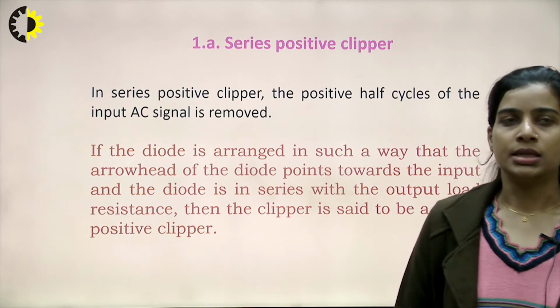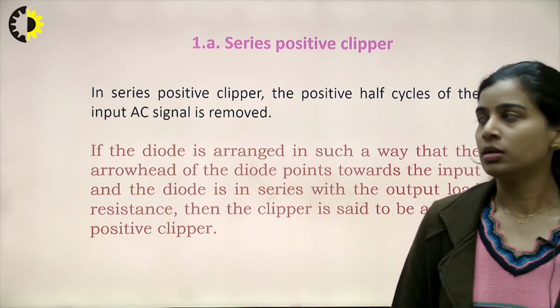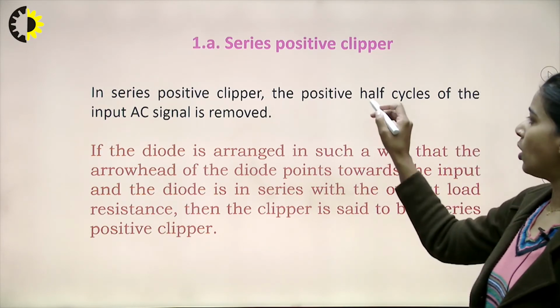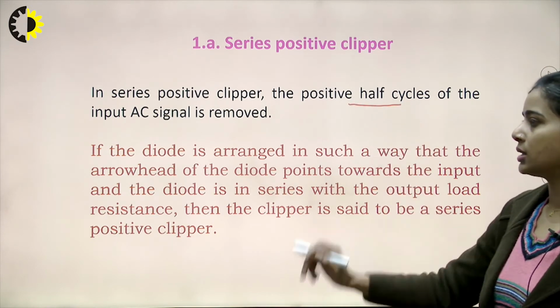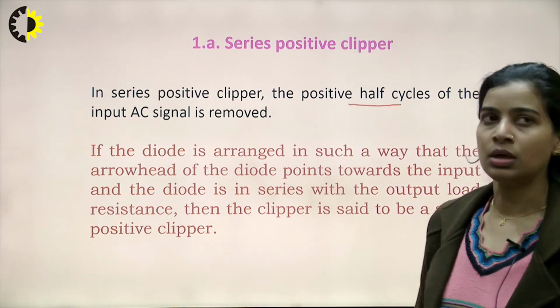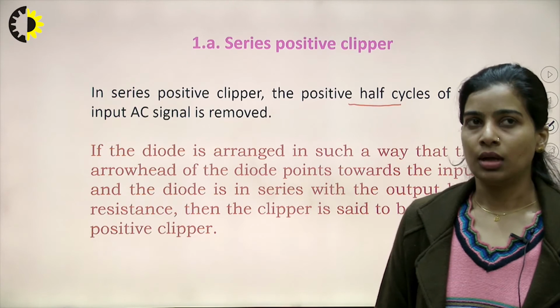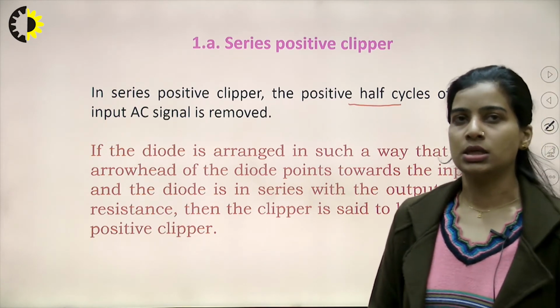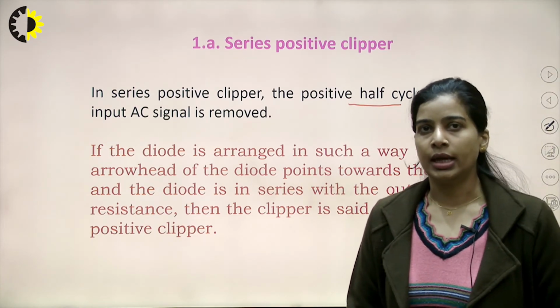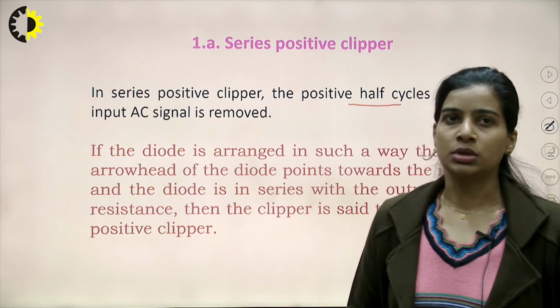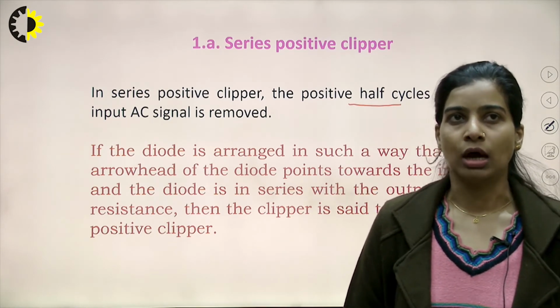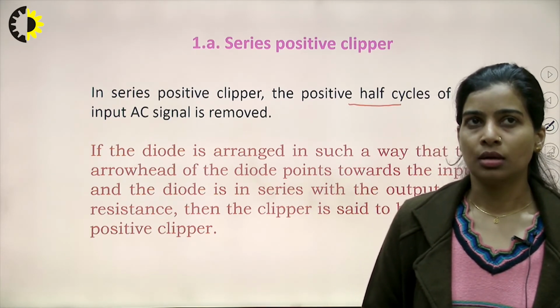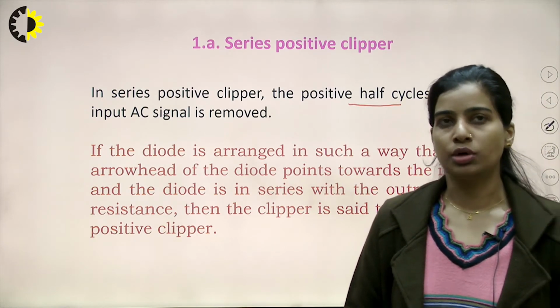In the series positive clipper, the positive half cycle of the AC signal is removed. If a diode is arranged in such a way that it is pointing towards the input and it is in series with the output, then it is the circuit of the series positive clipper.